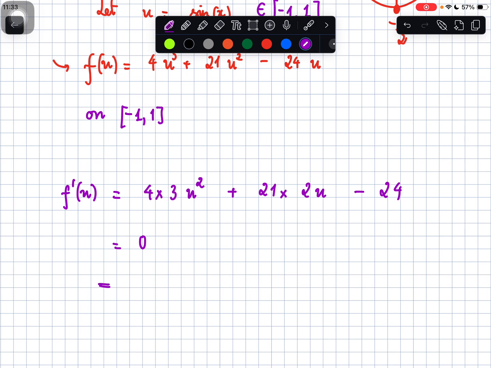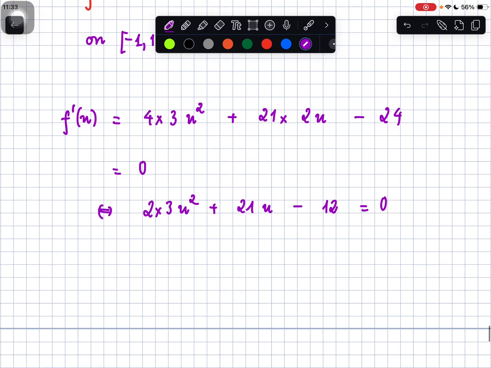You can first divide all by 2: 2 times 3 u squared plus 21 u plus 12. You can even divide by 3: 2 u squared plus 7 u plus 4.